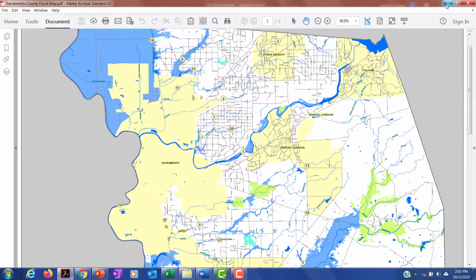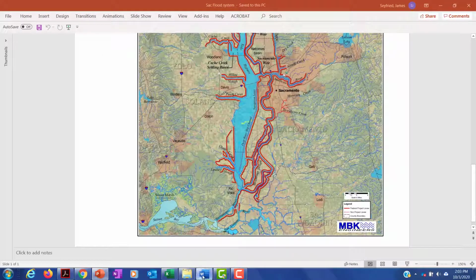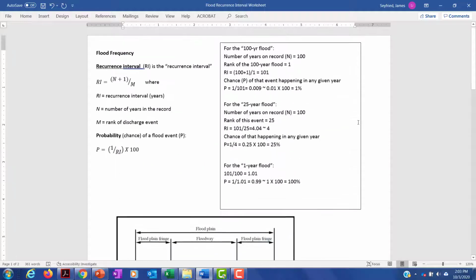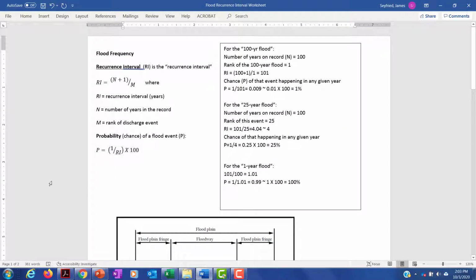What I want to do, though, is again focus on what this 100-year floodplain is and what it means. I've got a formula here because you know how I like formulas, but for this topic, I'm not asking you to use this formula and do practice problems. I do want you, however, to be aware of what the 100-year floodplain means and how it's calculated.